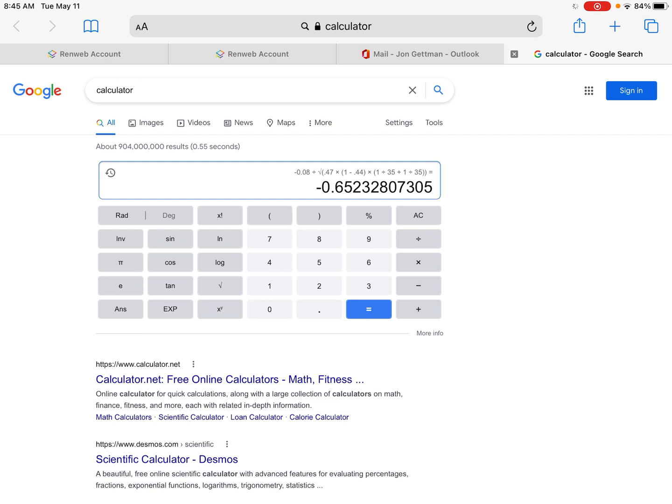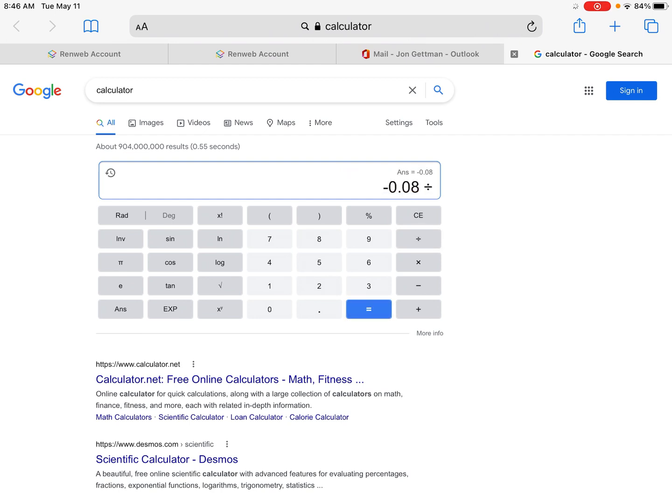So I just want to make sure I did it right. I'm going to double check this one. So it was negative 0.08. So 0.43 minus 0.51. Okay.